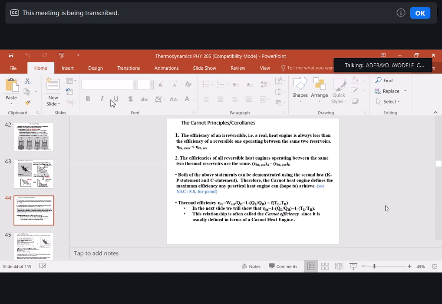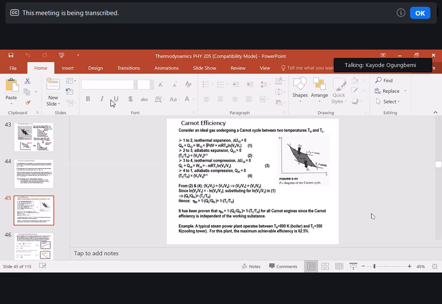W is QH minus QC. Am I correct? If you put that there and play around with the figures, you get this. Therefore, the relationship is often called Carnot efficiency.